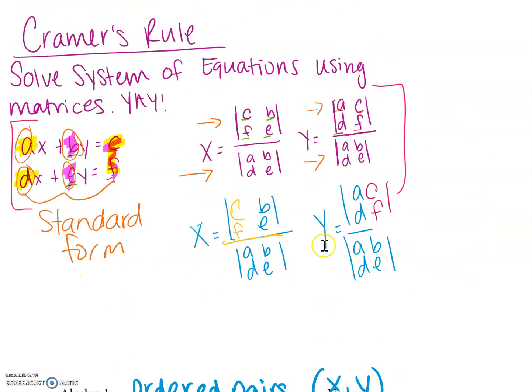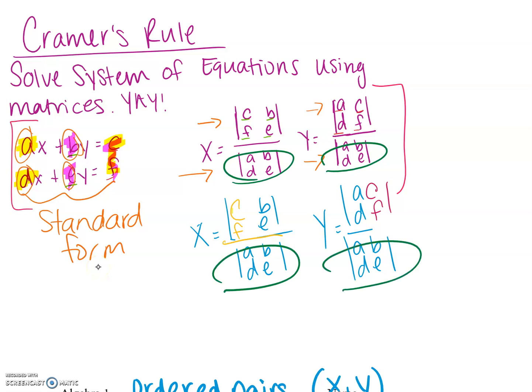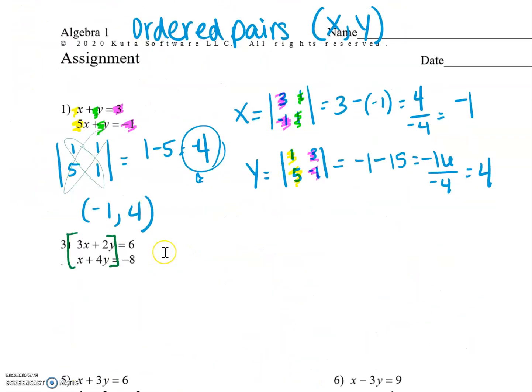Just a quick reminder, what we divide by is the same every time. So you could find it once and then use it again. So that's what I'm going to do. Thinking smarter, not harder. All right. So you do the crisscross multiplication. 3 times 4 would be 12 minus 2 times 1 is 2, and that would equal 10. So my x and my y, I'm going to have to divide by 10.